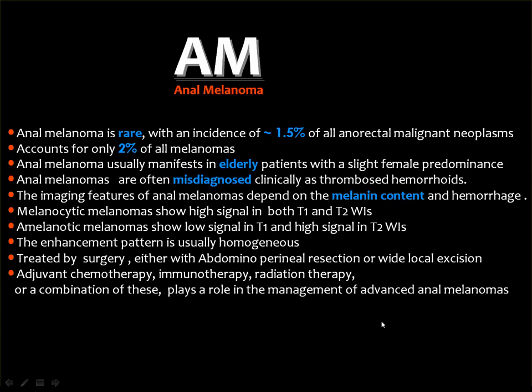We have two types of melanomas depending on the melanin content. The melanocytic melanoma will show high signal in the T1 and T2 weighted image because of the melanin. The amelanotic melanoma will show low signal in T1 and high signal in T2, similar to any other tumor. The enhancement is usually homogeneous, and the treatment is usually by surgery.